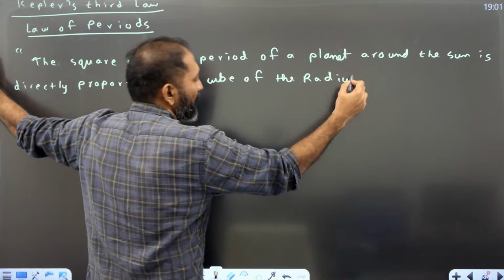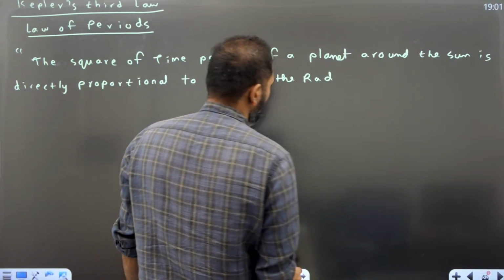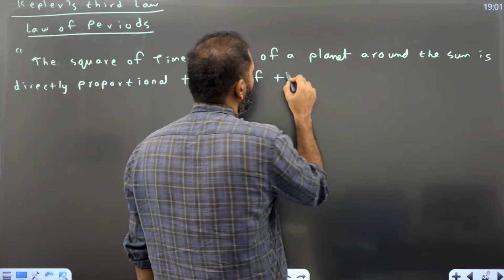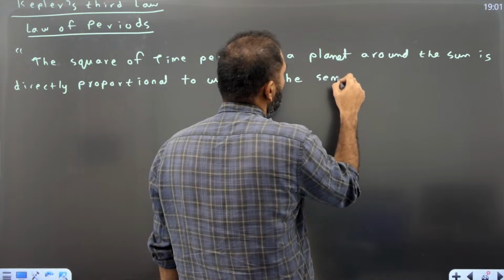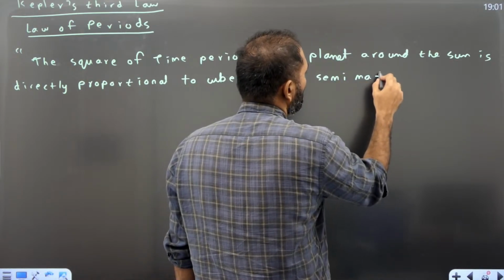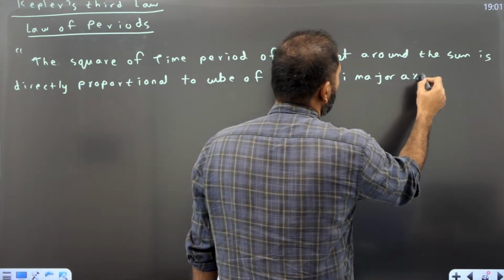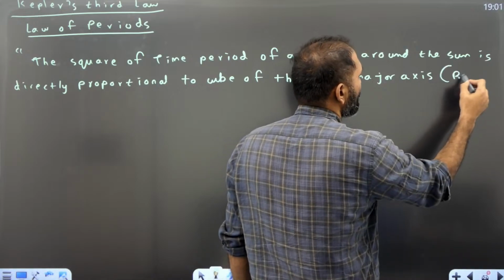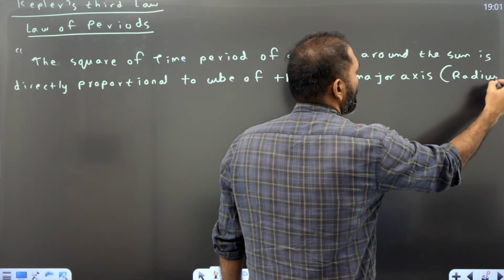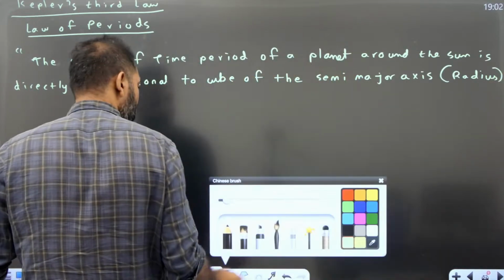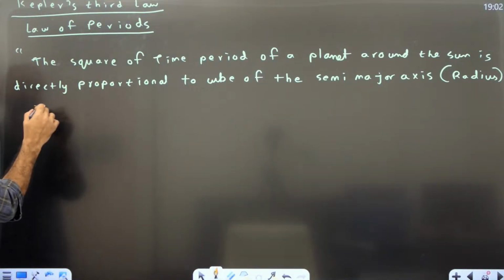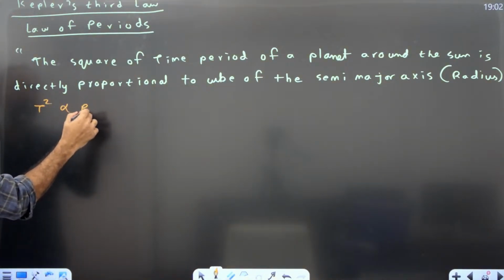That is cube of the semi-major axis. Semi-major axis means half of the major axis, which is nothing but radius. So it says that square of time period is directly proportional to cube of the radius.